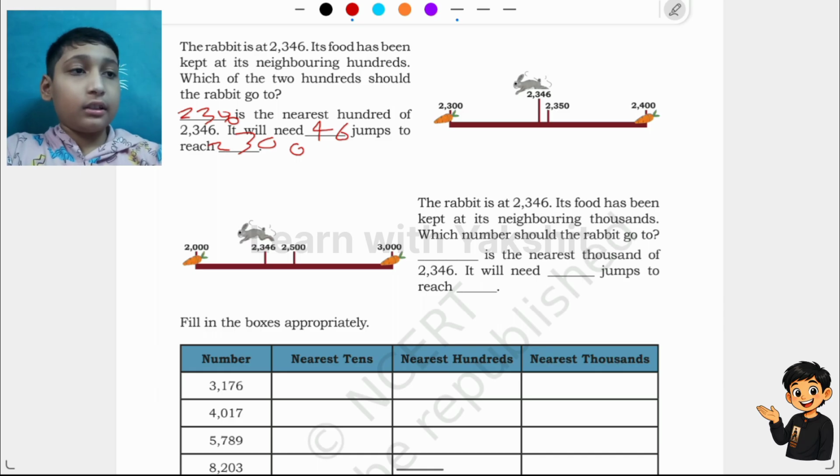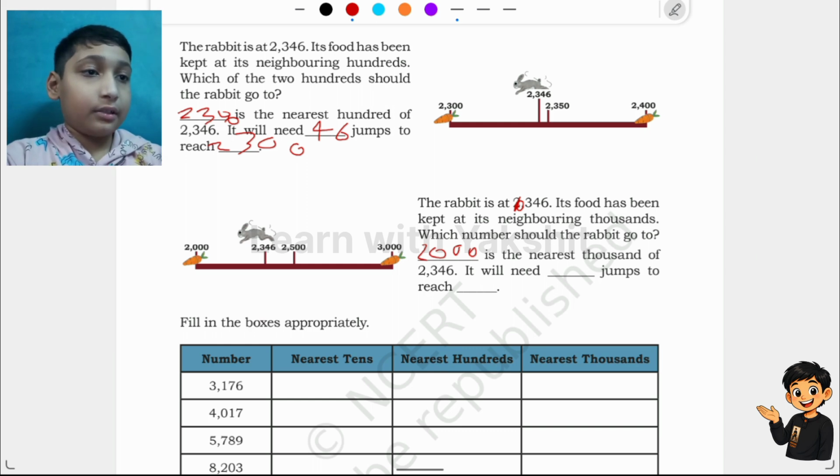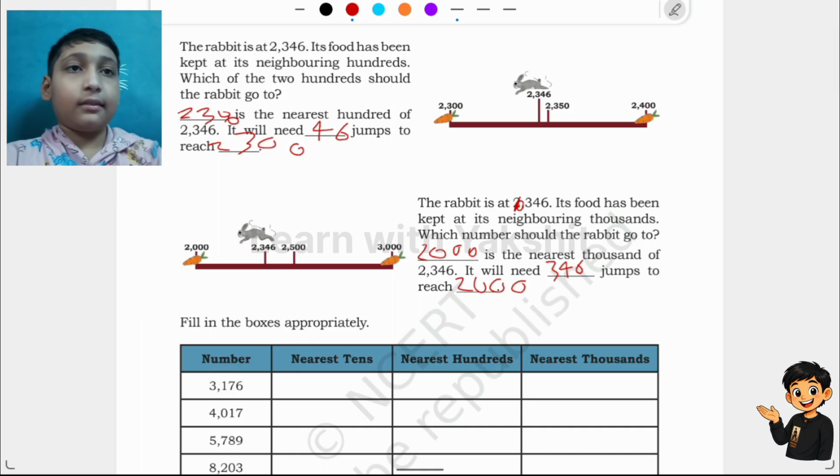Then it is 2000. We need dash jumps. Now we have to cut the thousands only because there's nothing ahead of it. So it needs 346 jumps to reach 2000. There, we've done it.